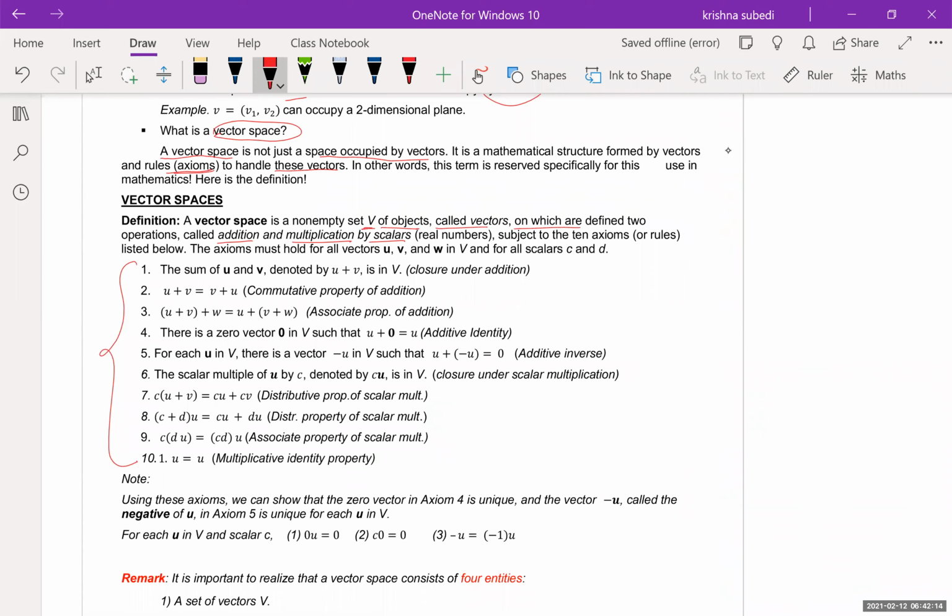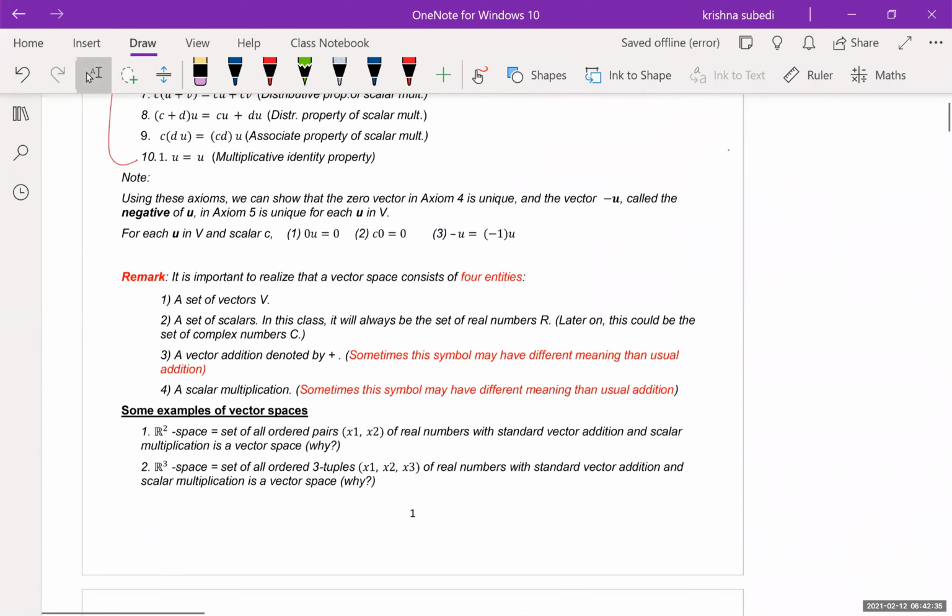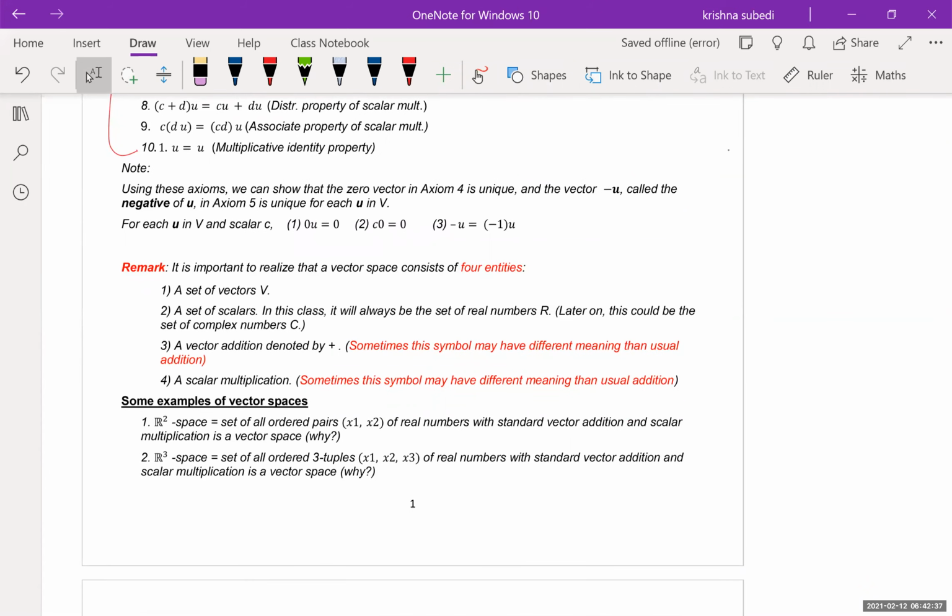If the objects from this set V check all of these 10 conditions, then that space is called the vector space. Now let us look at a few examples.